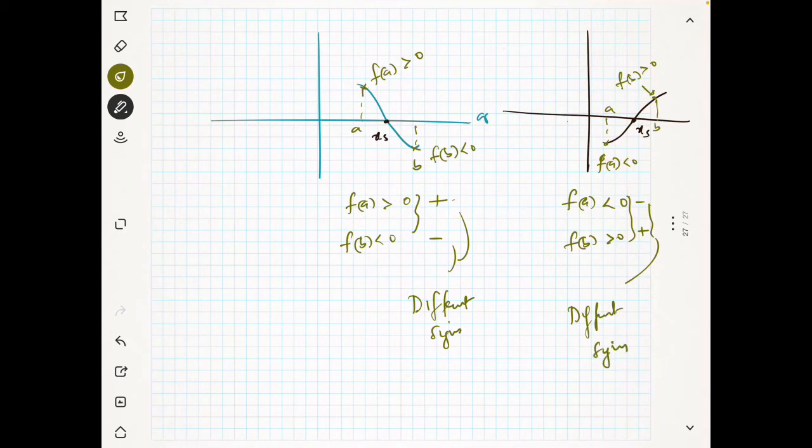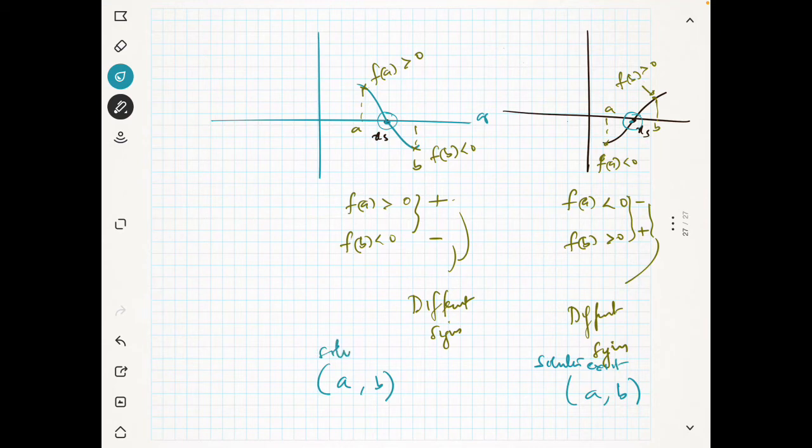Okay, and you see now the solution is here, right? This is the solution, axis, and here also you should see the solution is between A and B. Now the solution is between A and B, and here also the solution is between A and B. So the solution exists.